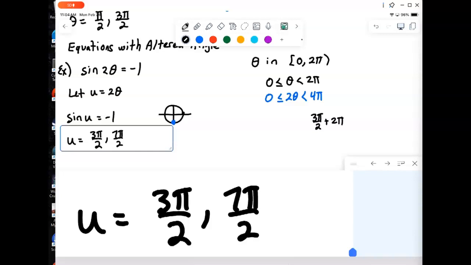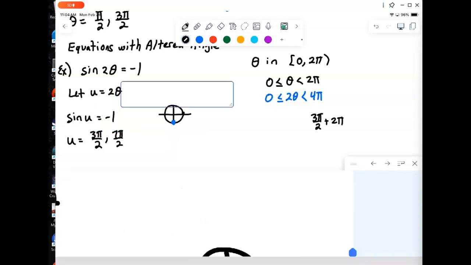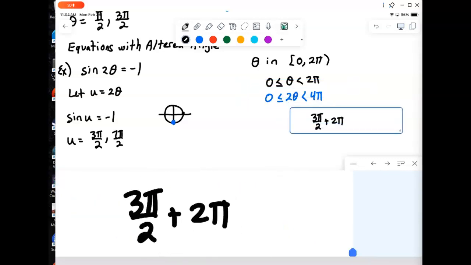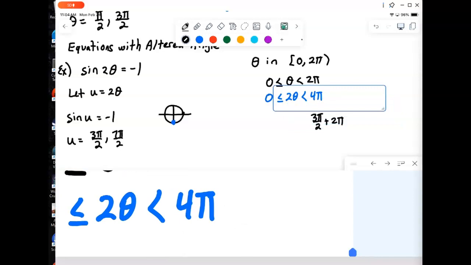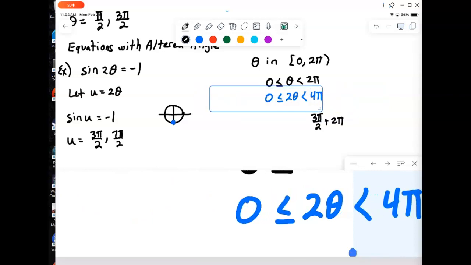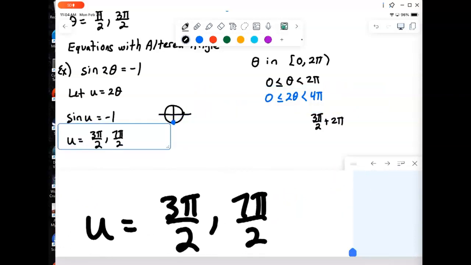So those would be my two answers to this equation as I range between 0 and 4 pi, 2 turns around the circle. If we go around the circle any more, we're past 4 pi, and of course we can't go backwards or we'd be below 0. So those are my two angles.